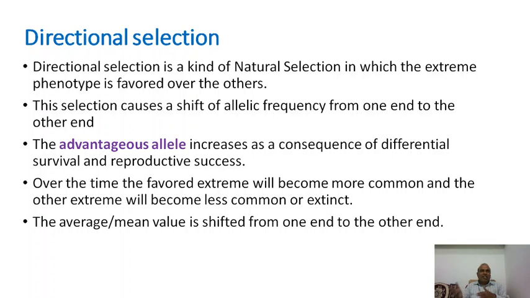Generally, only an individual with an extreme value will be selected in the changing environment, and that extreme value shifts from one end to another. Over time, the favored extreme will become more common, and the other extreme, which was selected earlier, will become less common or extinct.